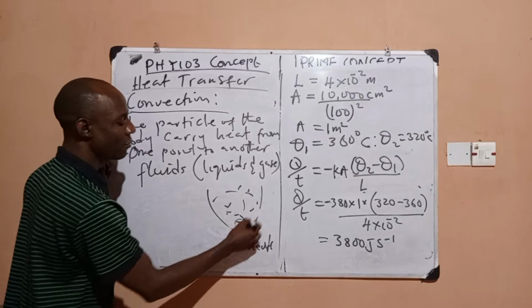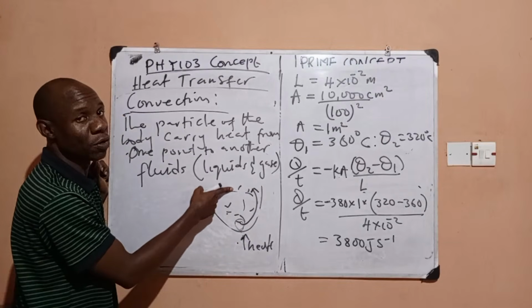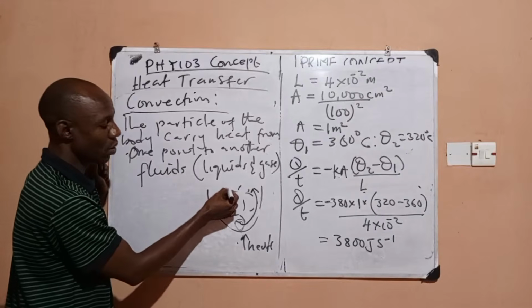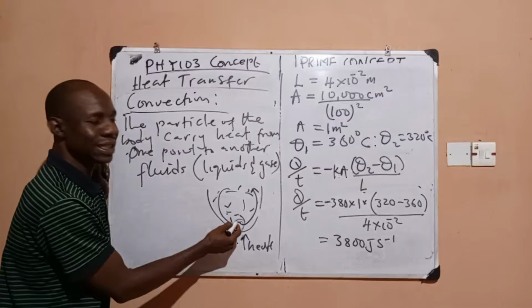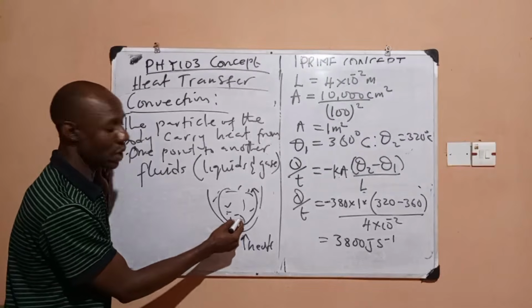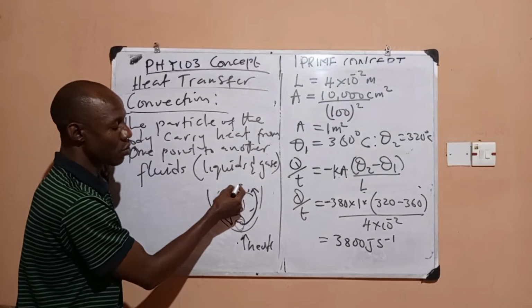As they are floating upwards, the particles of liquid that are above become heavier. So what will happen? They will drift downwards. As these ones drift down, they become heated up again. What will happen? They will move up. When those ones up here are cold, they will come down.